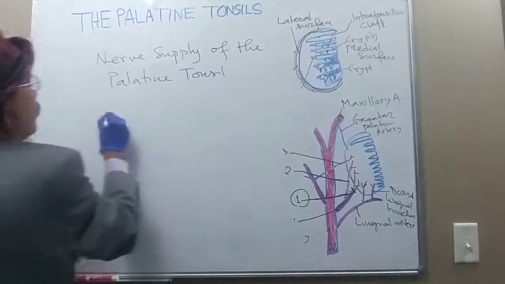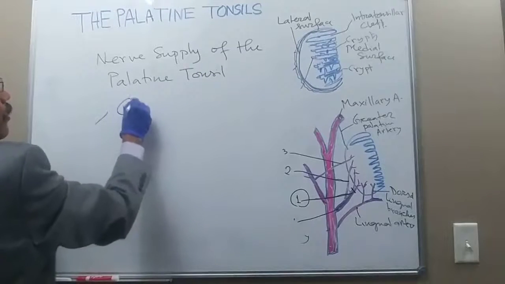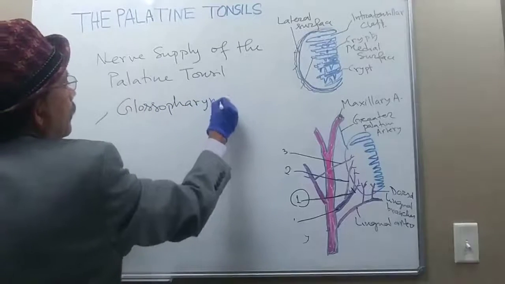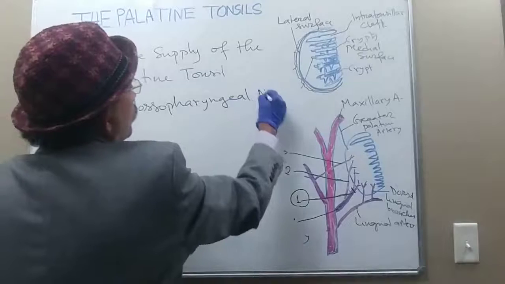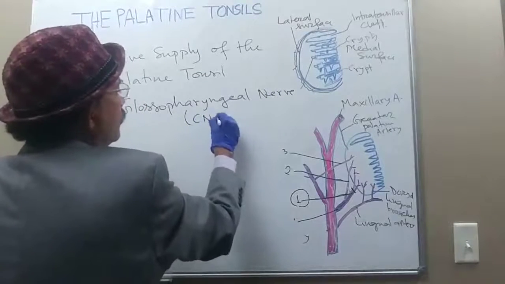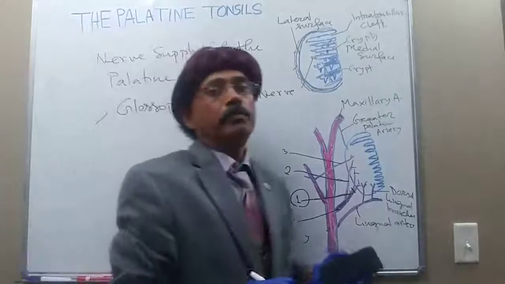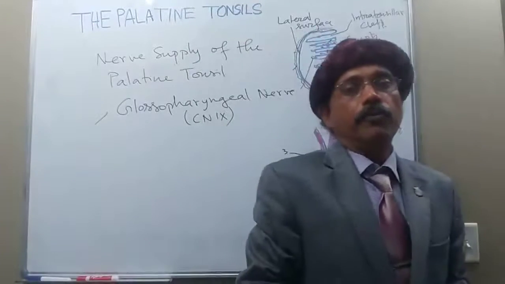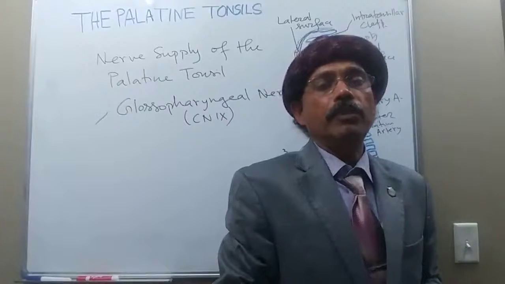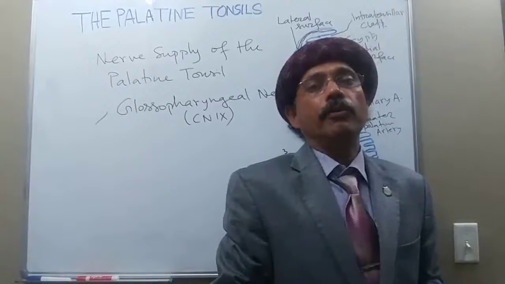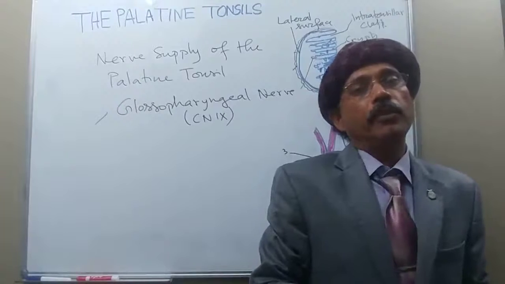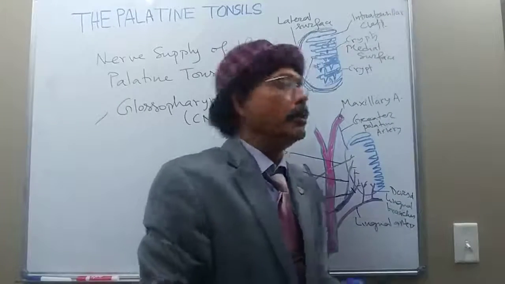The nerve supply is the glossopharyngeal nerve, or ninth cranial nerve, which is clinically important because if a child has tonsillitis, he or she might have pain in the middle ear cavity, since the middle ear or tympanic cavity also receives innervation from the glossopharyngeal nerve.